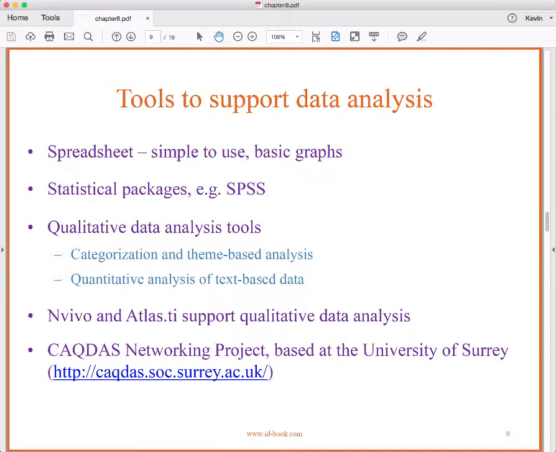So what kind of tools might we use to support data analysis? Well, one of the nicest things about our day is that the simple spreadsheet tool is pretty darn powerful. I remember when I first went to graduate school, I hate to admit this, but it's true, it was before electronic spreadsheets.